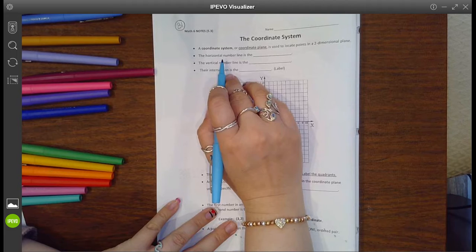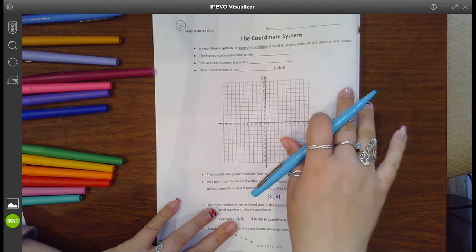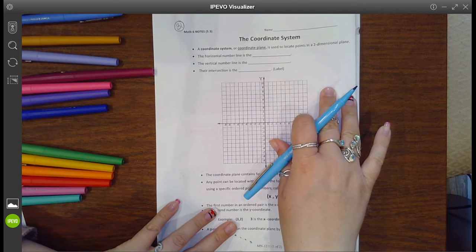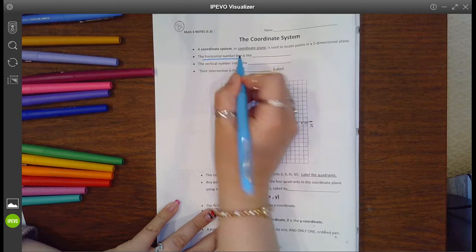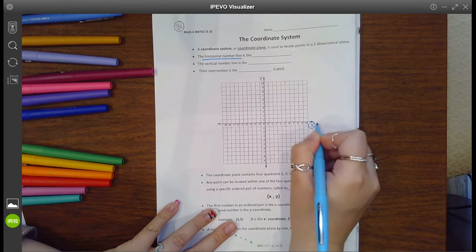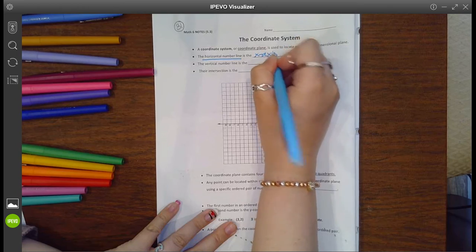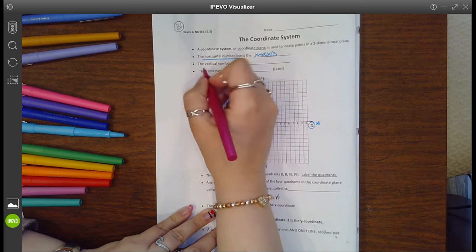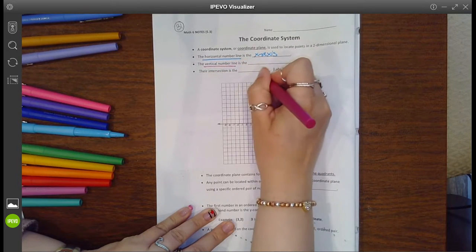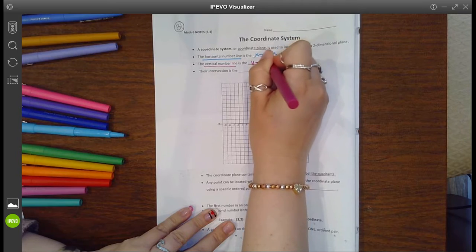All right, so a coordinate system or coordinate plane is used to locate points in a two-dimensional plane. The horizontal number line right here is known as the x-axis, whereas the vertical number line right here is known as the y-axis.